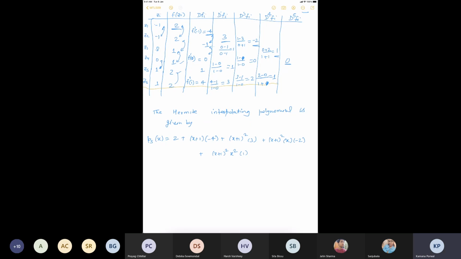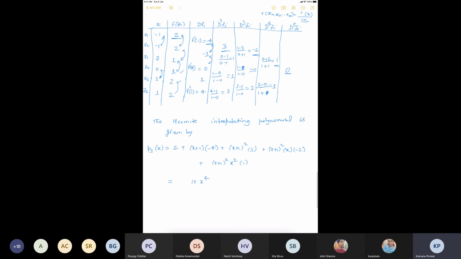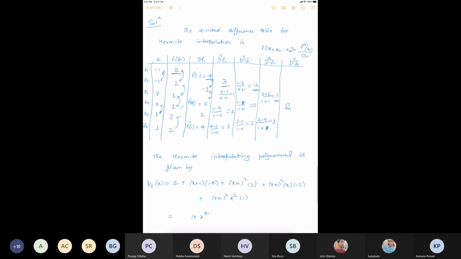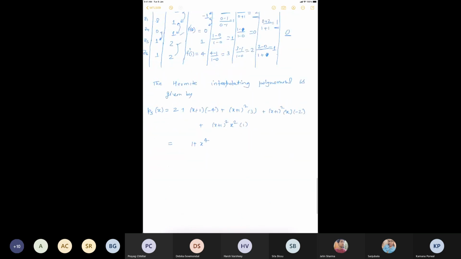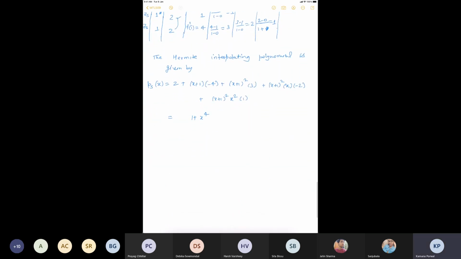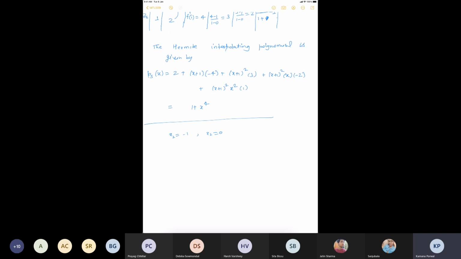Okay. So if you simplify this, you are going to get back the same polynomial, 1 plus X raised to power 4. Now you can do one more exercise here. Take the data points to be x1 as minus 1 and x2 to be 0. So you will be able to determine a cubic polynomial using this, right?